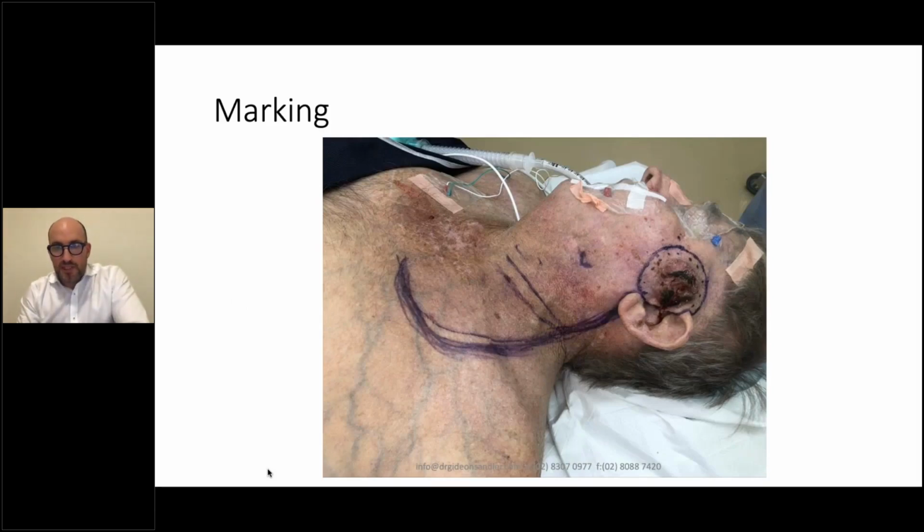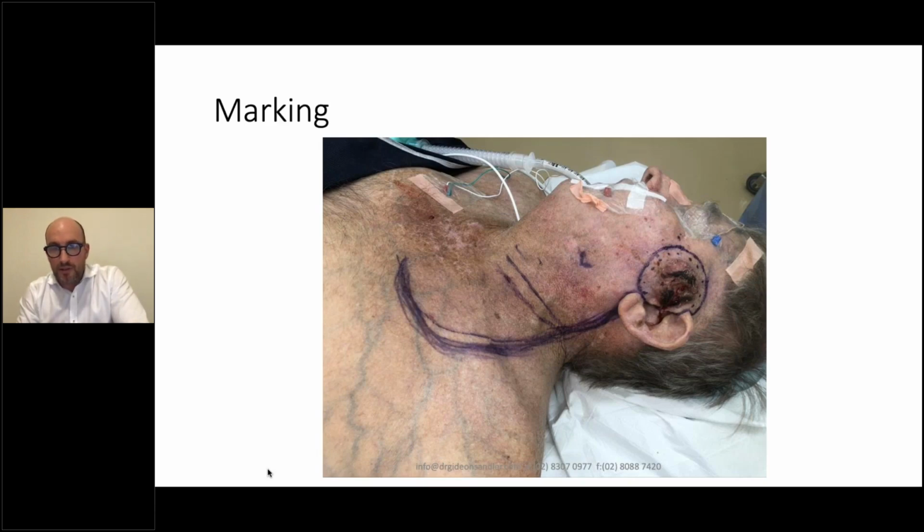We discussed him at the multidisciplinary team meeting and decided that he should have operative management, which included re-resection of the lesion, a superficial parotidectomy, and level 2 and 3 neck dissection with reconstruction, followed by radiation therapy.